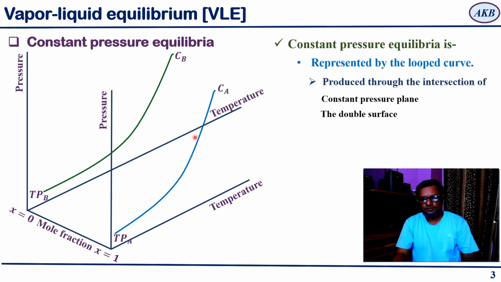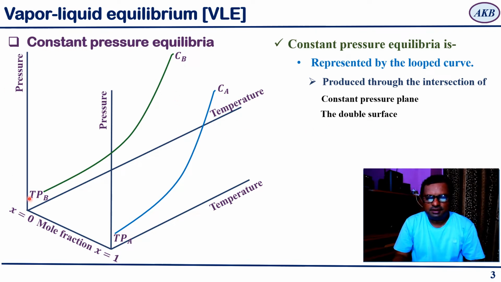If you remember, in this three-dimensional plot, the area between the two planes, the x equal to 0 plane and the x equal to 1 plane, has a double surface.